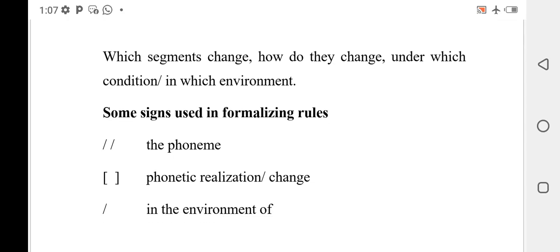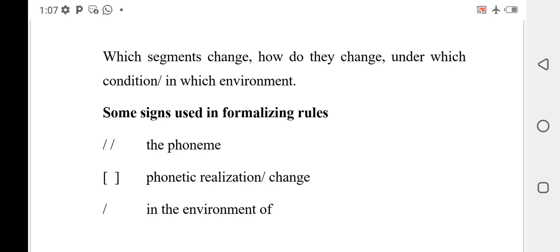So if I have k and I put k in slash brackets, I am telling you that k is a phoneme. All right. Now, if I put k in square bracket, I am telling you that k is realized phonetically.